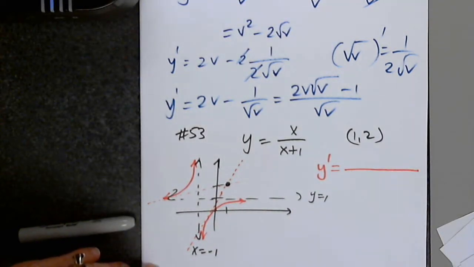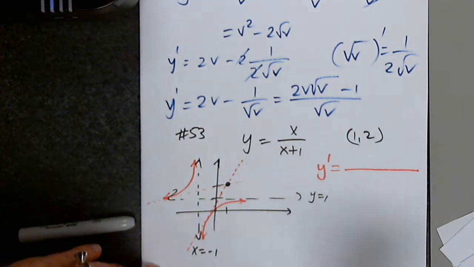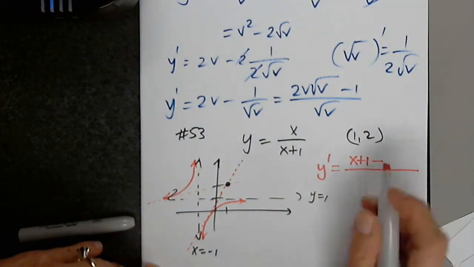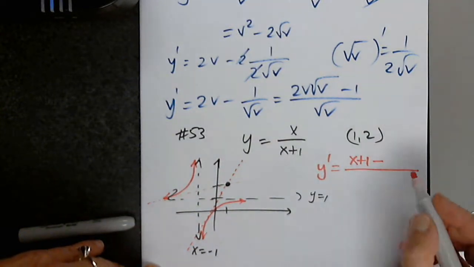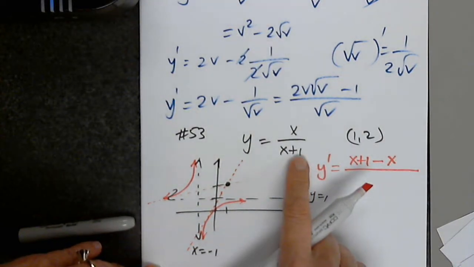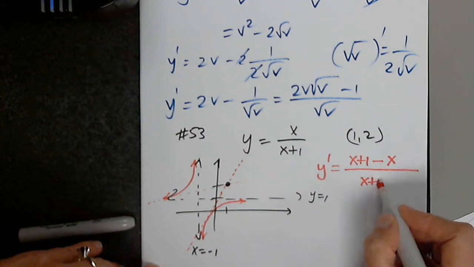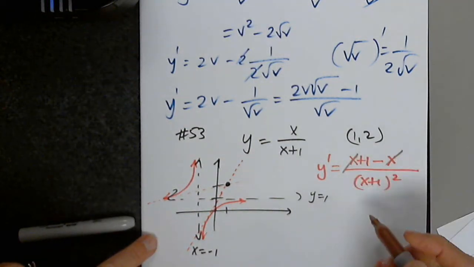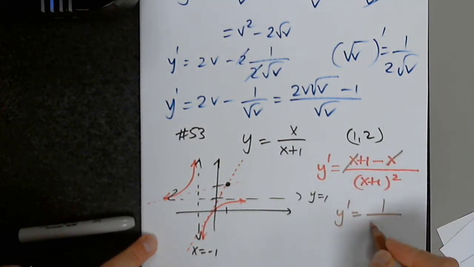The first function prime is 1 times the second function, minus the first function times the second function prime, which is 1, over x plus 1, everything squared. Any questions on differentiating the quotient? So these two go away. Then y prime equals 1 over x plus 1 squared.